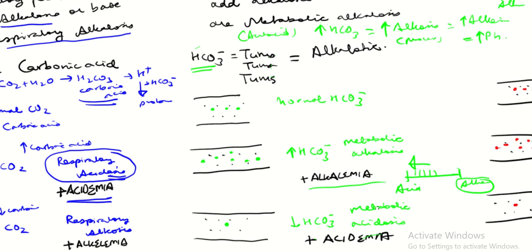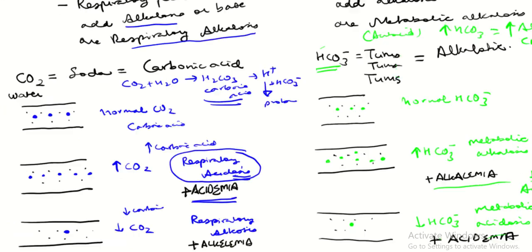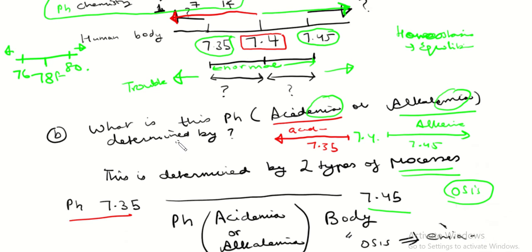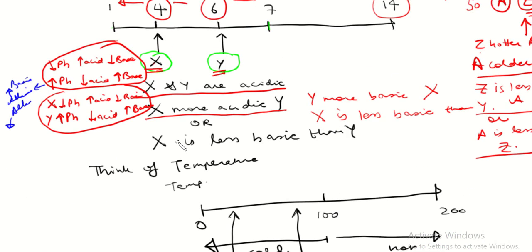Okay? Again, if you're not sure, it's an application of a very simple concept here, which is what? If my base goes down, my acid goes up. So the metabolic side was bringing less base because I had less bicarbonate, or less Tums.